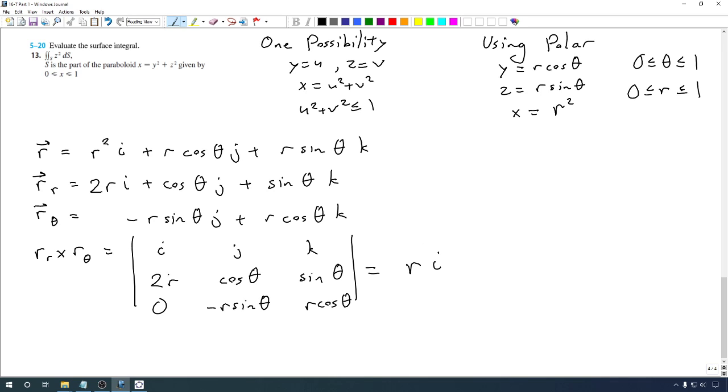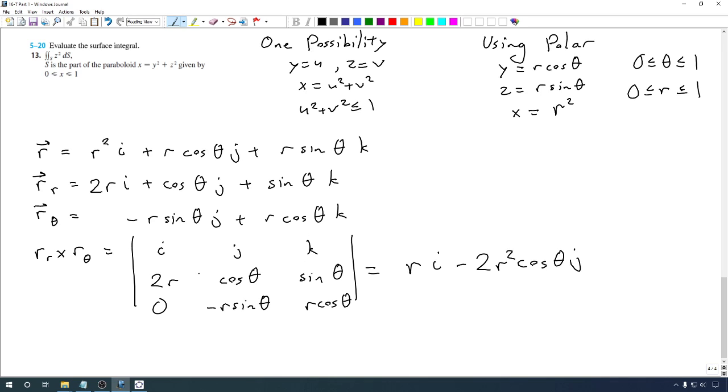For j, we're going to go 2r times r cosine theta minus sine theta times 0. So 2r times, well, actually 2r squared cosine theta. Keep in mind, since it's a j component, we are subtracting it. So we end up with a negative 2r squared cosine theta times j.